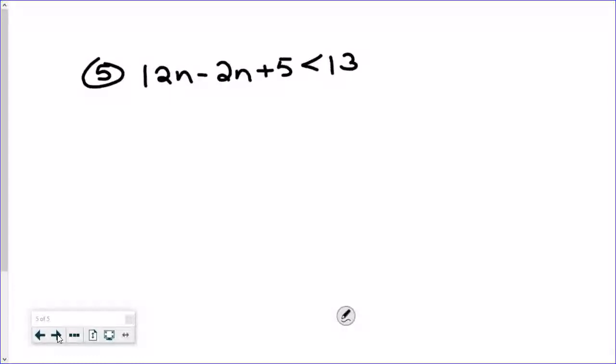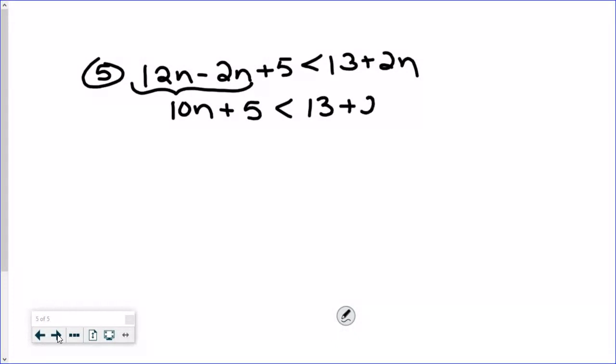Okay, 2 more, if you want. Okay, number 5, I have 12n minus 2n plus 5 is less than 13 plus 2n. Okay, first things first, combine your like terms. So I have 10n plus 5 is less than 13 plus 2n. Now I'm going to move the smaller n's. 2 is smaller than 10, so I'm going to get rid of those. Okay, and I would show all of my work in red up and down.